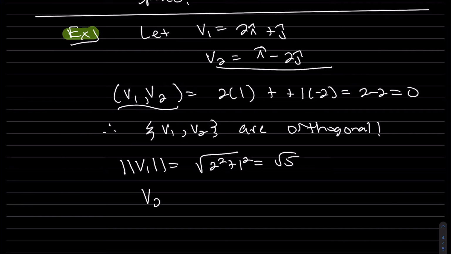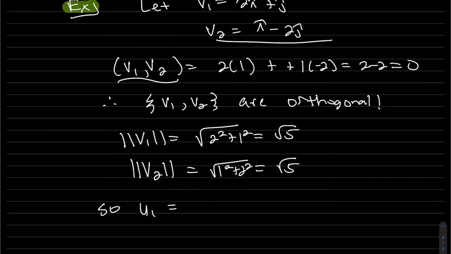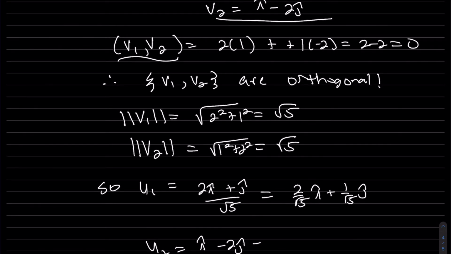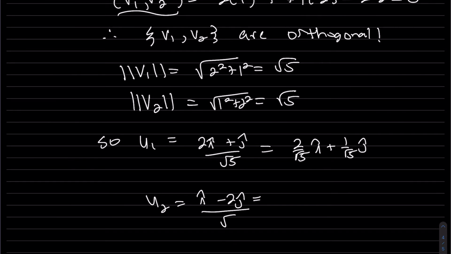Go ahead and take the magnitude of V2. We divide by the magnitude, but they're both square root of 5. So divide by square root of 5. And so there we have it.